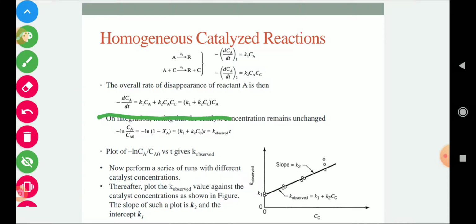So minus dCA by dt will be equal to K1 Ca plus K2 Ca into Cc. Here Cc is the concentration of catalyst. So if we take Ca as a common term, then this rate will be equal to (K1 plus K2 Cc) into Ca. Again, if we integrate that equation, we get this expression.